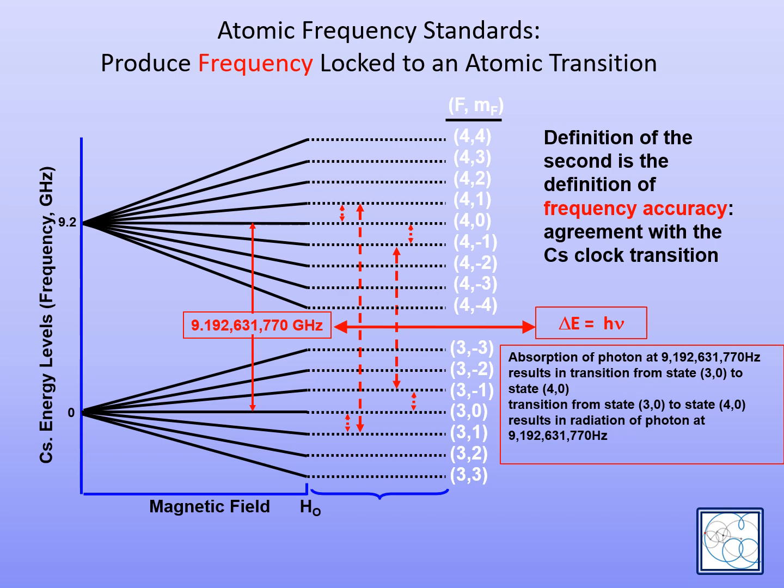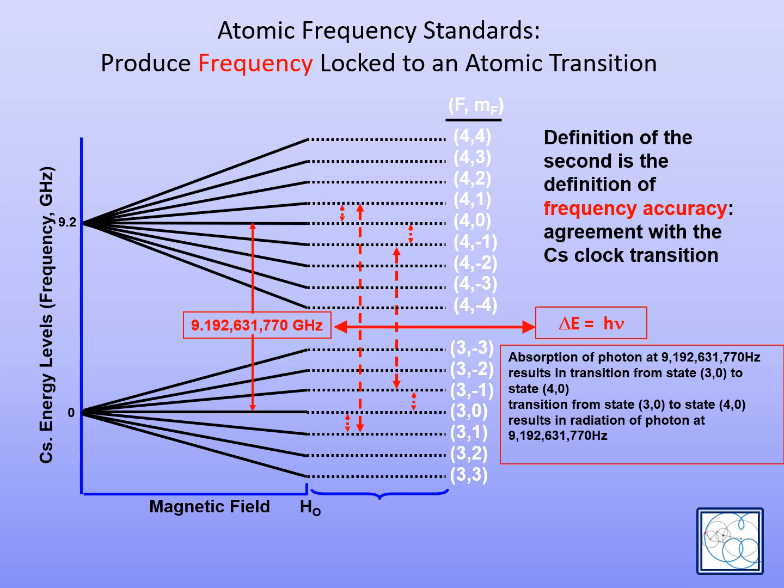So the magnetic field is on the horizontal axis, the energy levels are in the vertical axis, and the change in energy from this 3,0 level below to the 4,0 level above, that change in energy corresponds exactly to this frequency: 9.192631770 gigahertz. And the reason it's exact is because it's a definition.